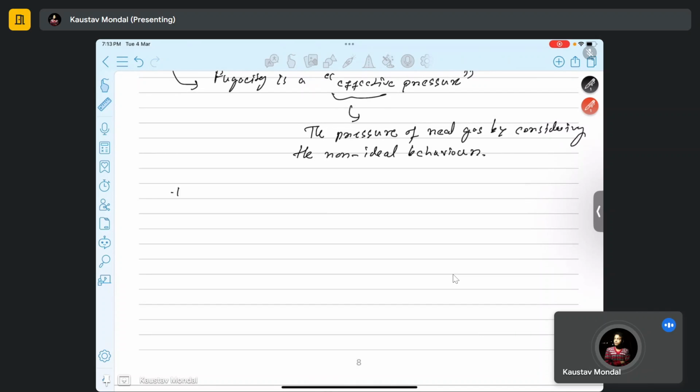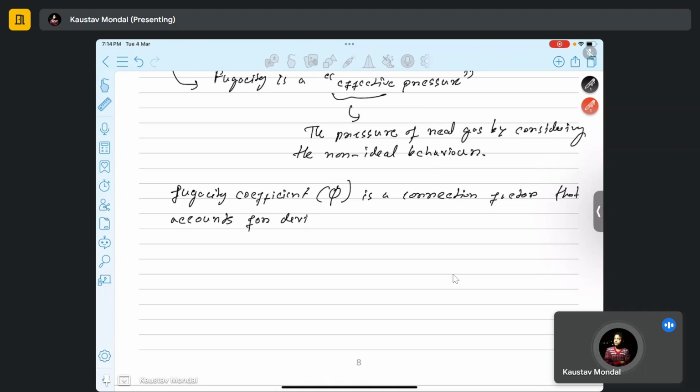This fugacity coefficient, which is here termed as phi, is a correction factor that accounts for deviation from ideal gas.